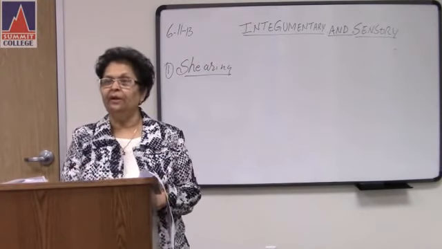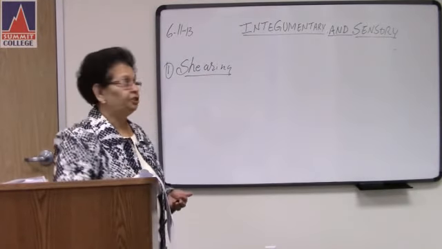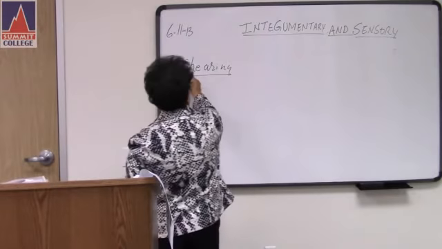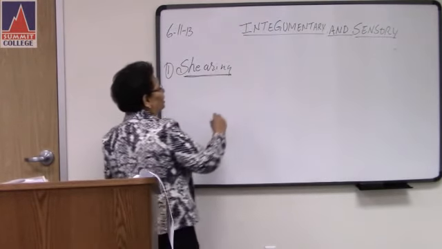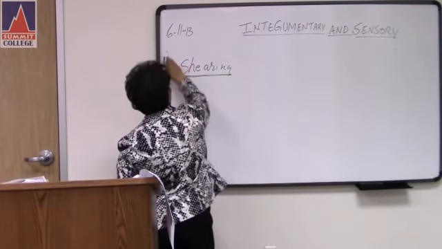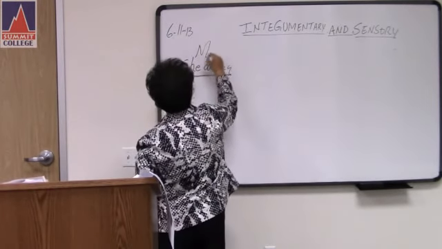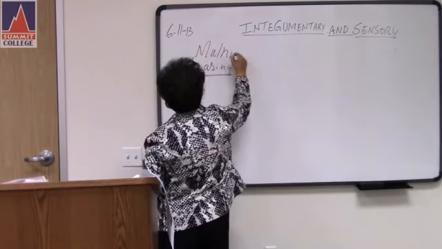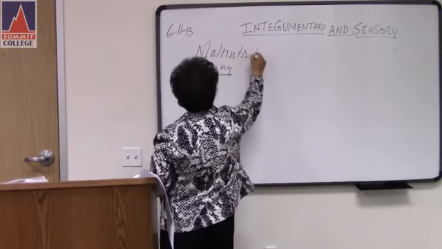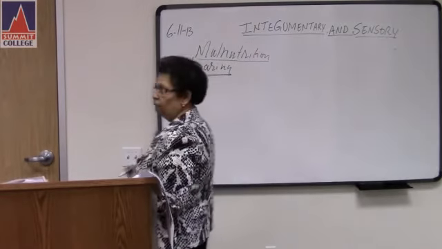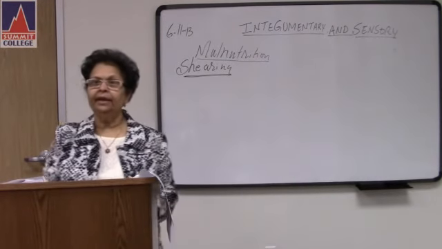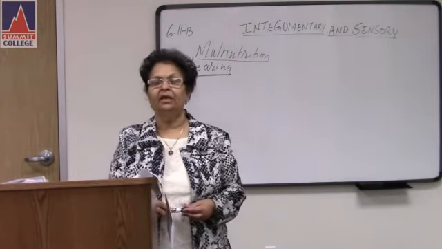So let's go to prevention of pressure ulcer. Number 1, we said shearing. But before that, very important, is malnutrition. Everyone. That's the number 1 reason for your patient to get bed sores. Food, they're not eating. Their skin is not healthy.